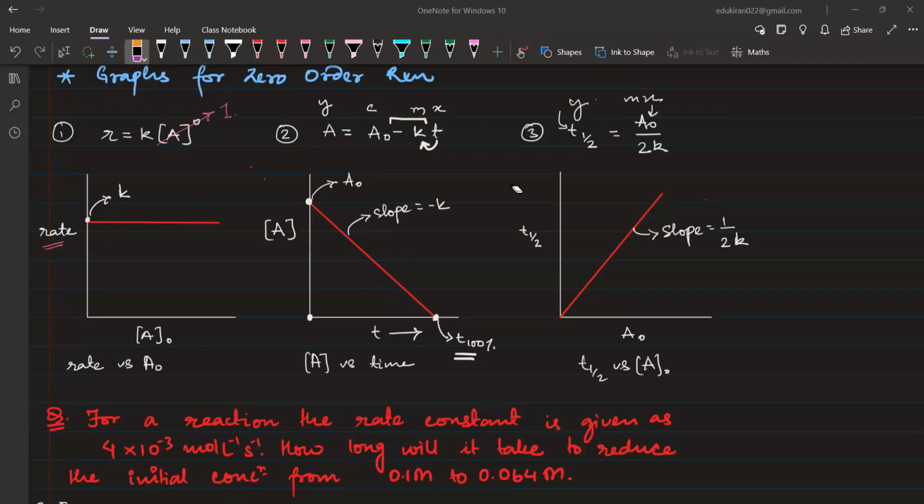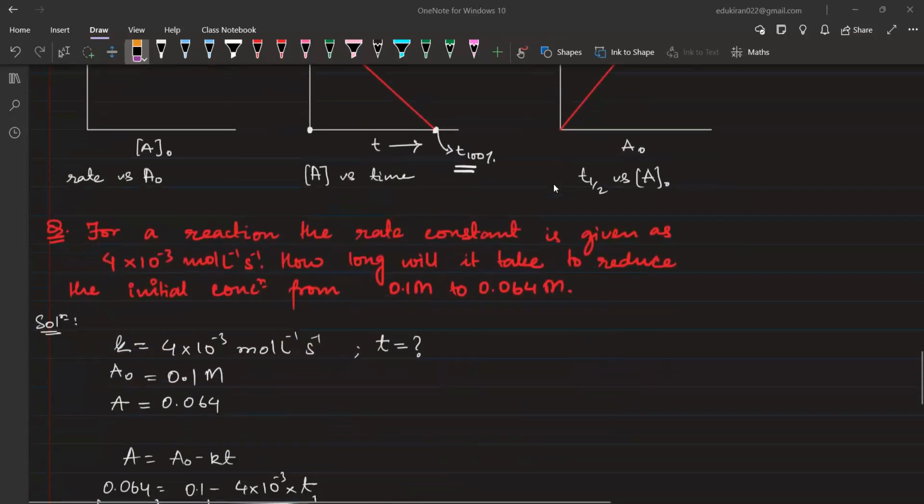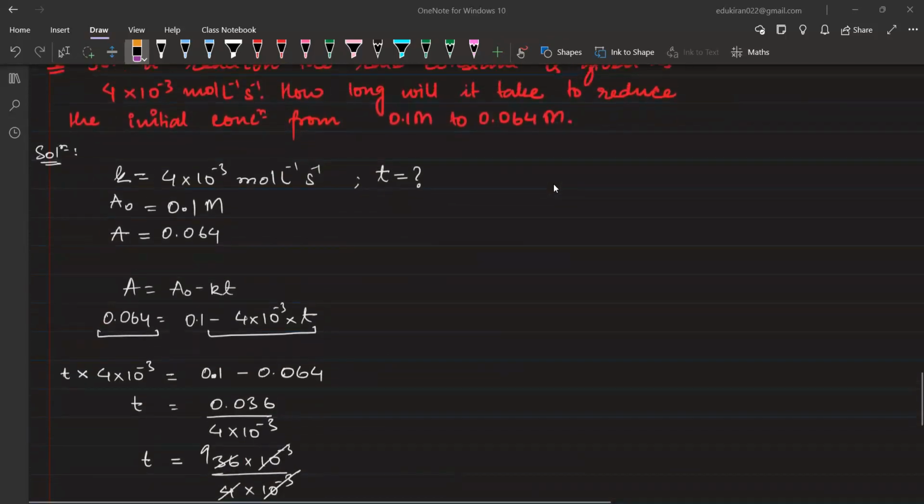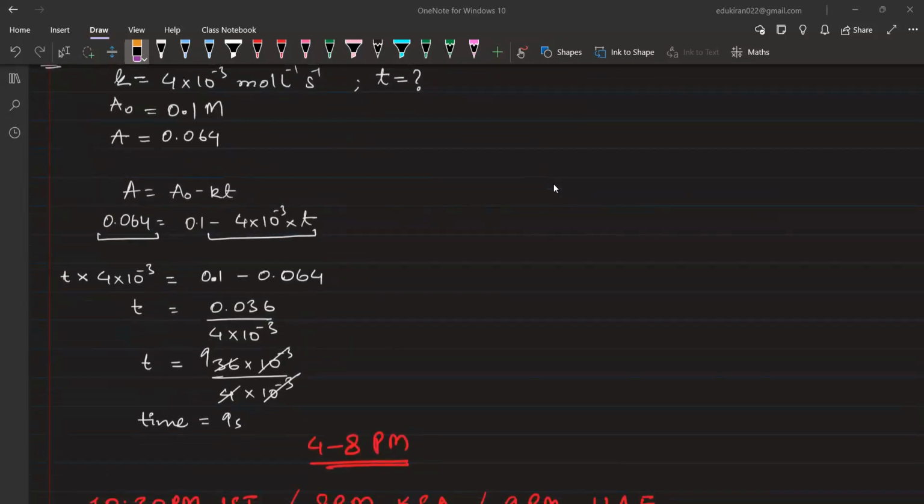Oh my God. No, Krishna Priya, you're getting too high of a value. See, so the K is given, A naught is given, A is given, T has been asked. So A is equal to A naught minus KT, 0.064 is equal to 0.1 minus 4 into 10 to the power minus 3 times T. ठीक है? So this whole thing, इस पूरी चीज को हम उधर ले जाएंगे and 0.064 को इधर ले आते हैं. So you will get T into 4 into 10 to the power minus 3.